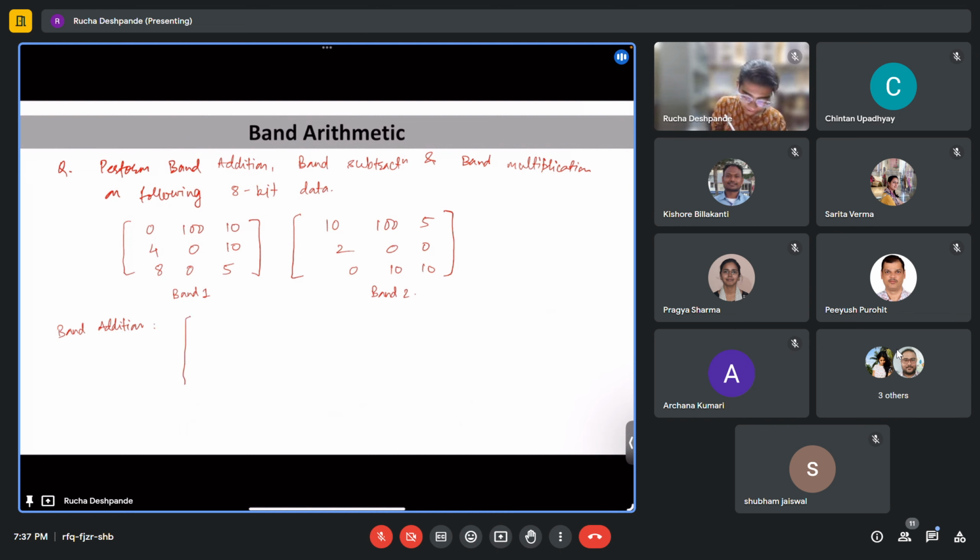For band addition, these corresponding pixels would be added.